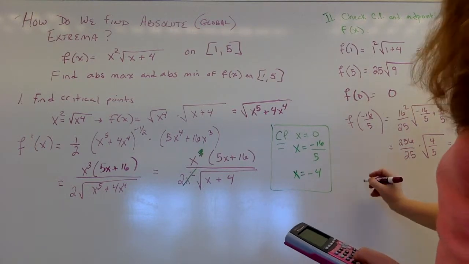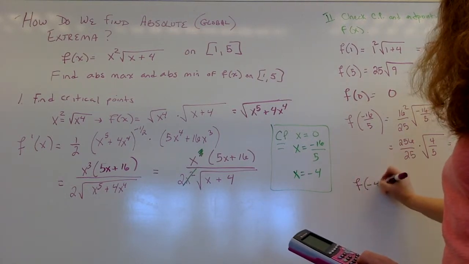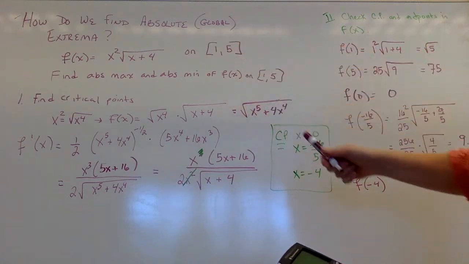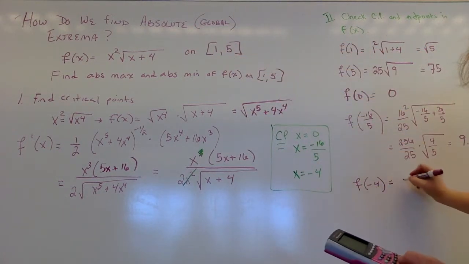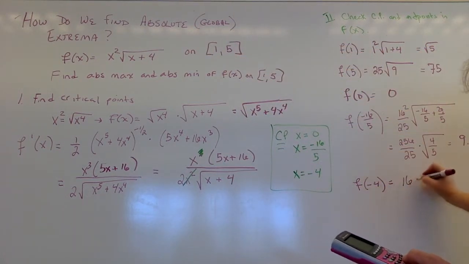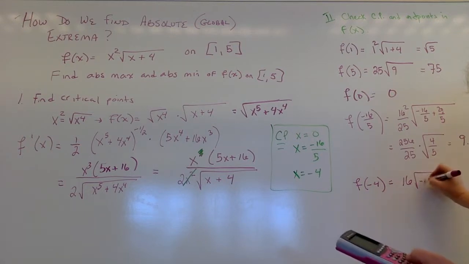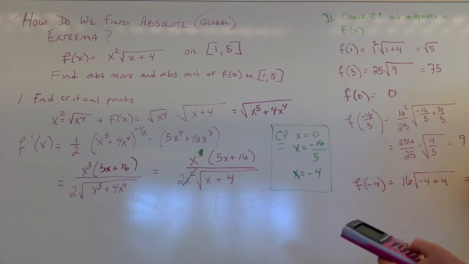Okay, and if I plug in negative 4, f of negative 4, well, x plus 4, when you plug in negative 4, it's just going to be 0, right? I'm going to have 16 times the square root of negative 4 plus 4, so that's 0.